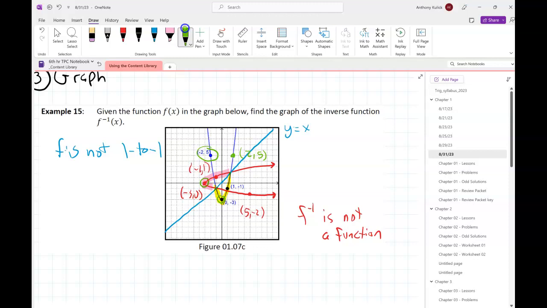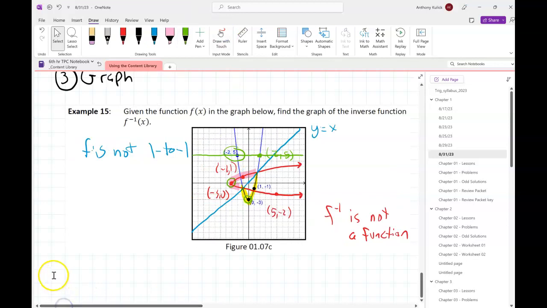I notice also those two points lie on the same horizontal line. So I can check a graph for one-to-one by just doing a horizontal line test. So let's define what we mean by horizontal line test.